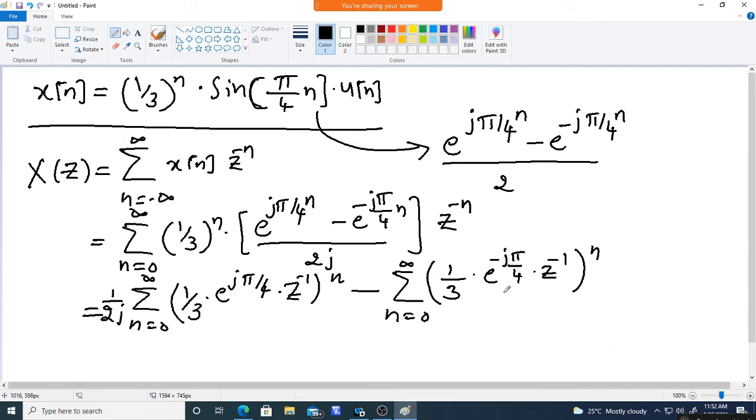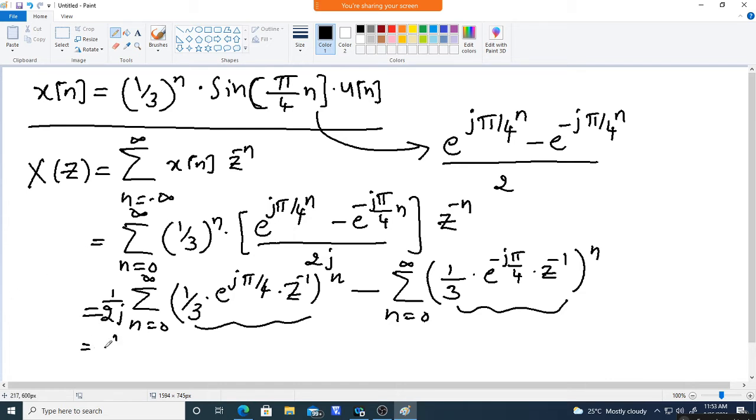Now you can see there are two summations. This whole thing we can treat as alpha, and we can substitute the standard result: summation from 0 to infinity of alpha power n equals 1 over 1 minus alpha.